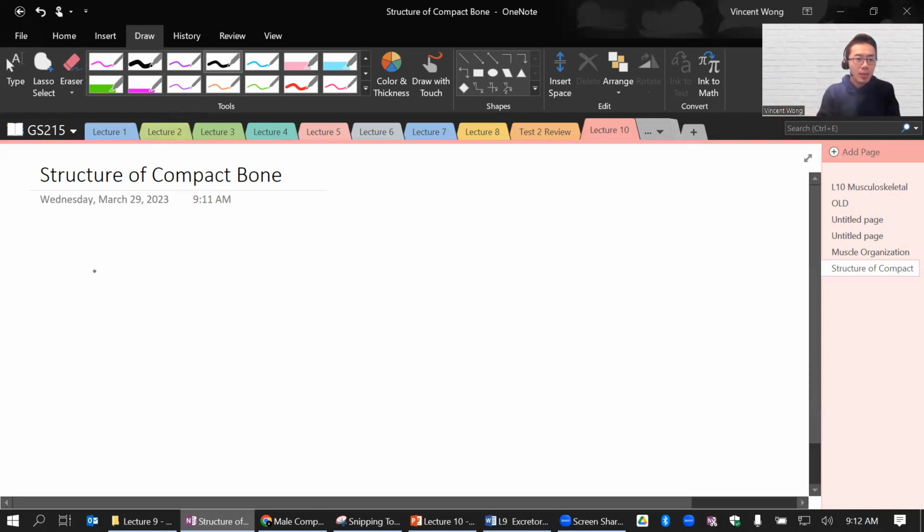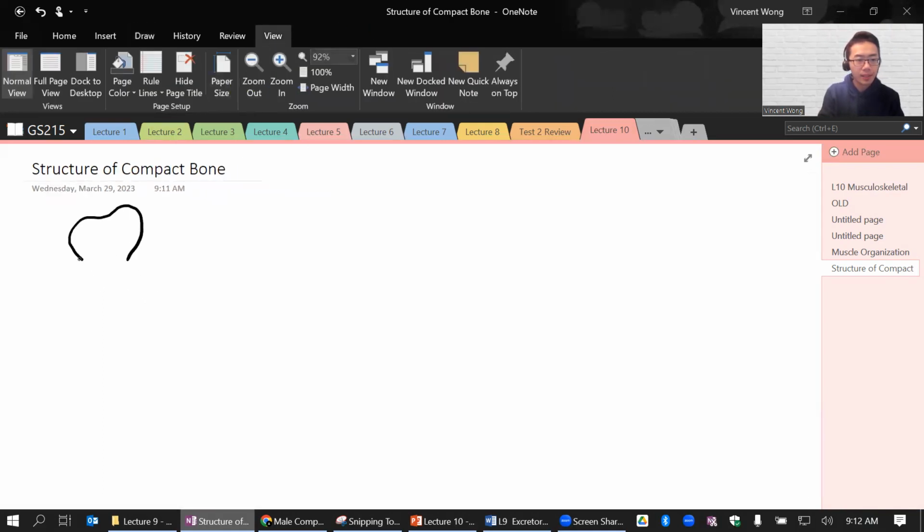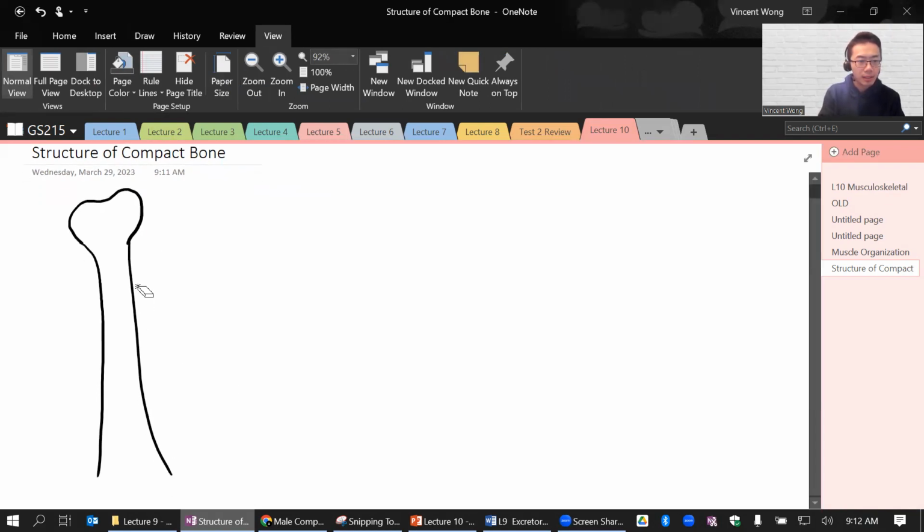Okay, so we're gonna take a long bone right here, and we're gonna draw it. There we go. I haven't done this in a while, so hopefully it'll work out. There's your long bone.